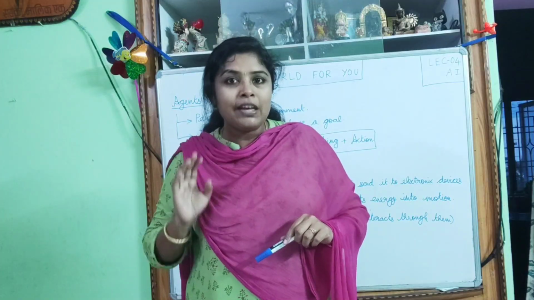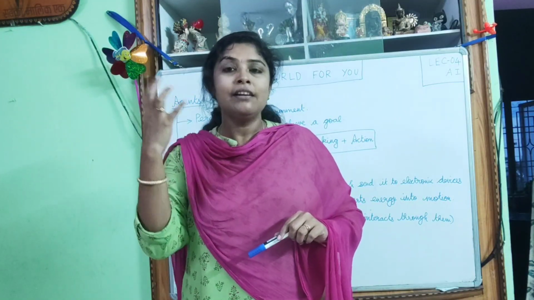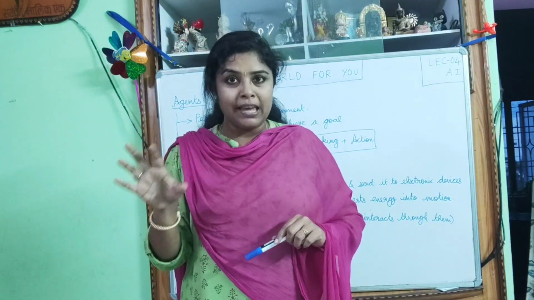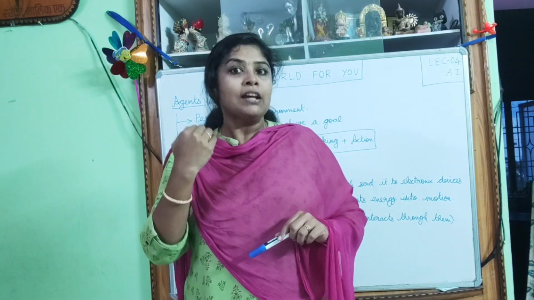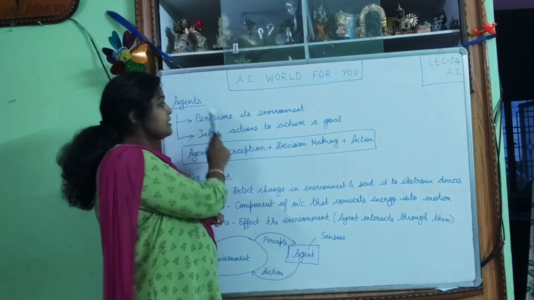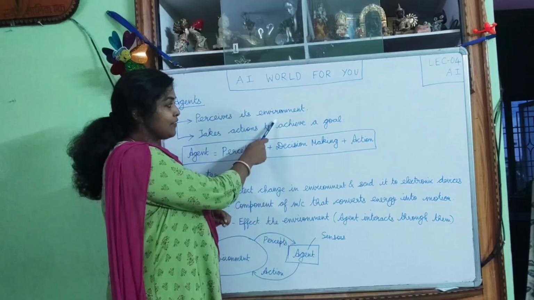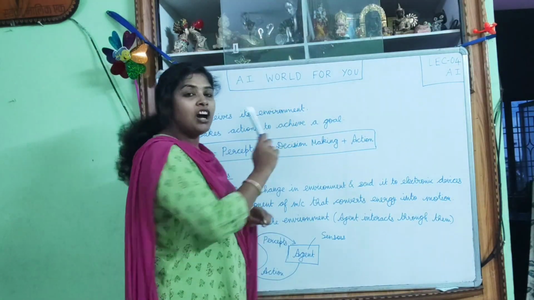So I am one of the agents. I am a human who is trying to perceive, learn through observation from the environment, and I am trying to take the action. My goal is to explain AI. So an agent perceives its environment and it takes actions to achieve a goal.